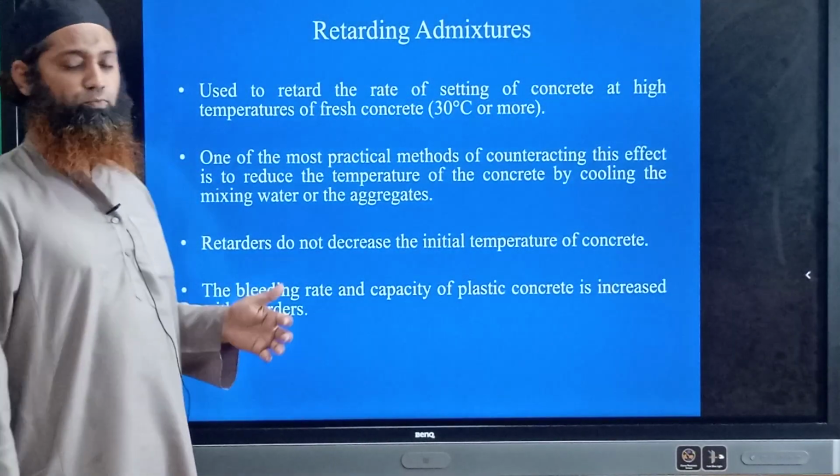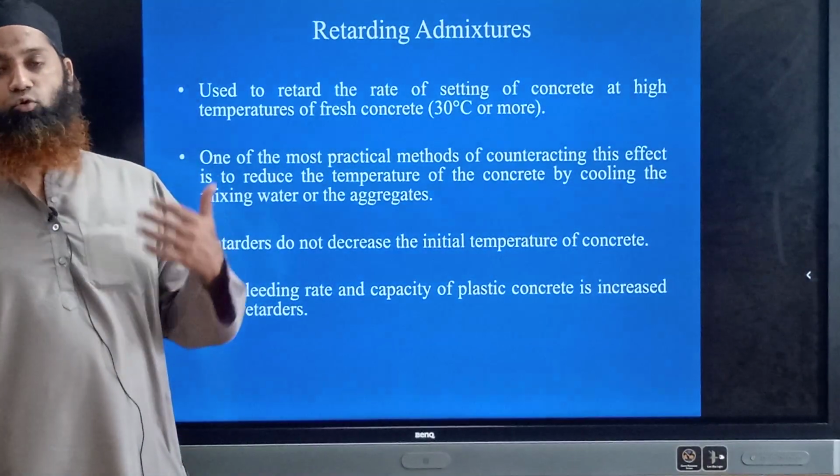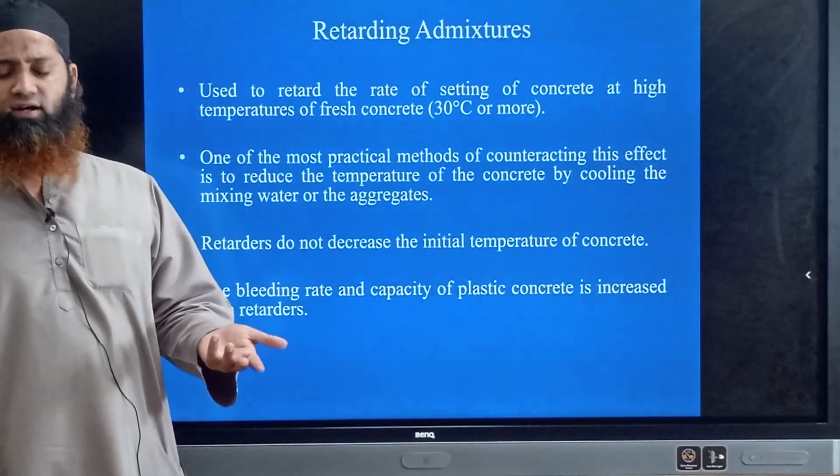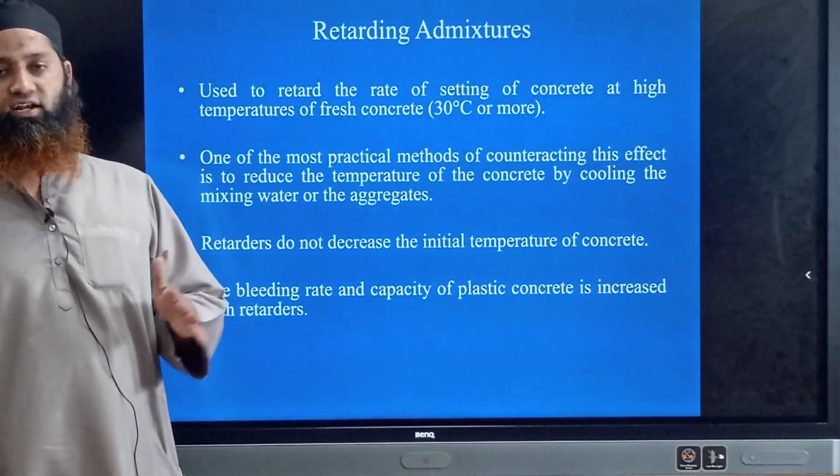This admixture also plays a very important role in those conditions where the climate is very hot, more than 30 degrees Celsius. There are many countries where the climate is close to 40 to 50 degrees Celsius.